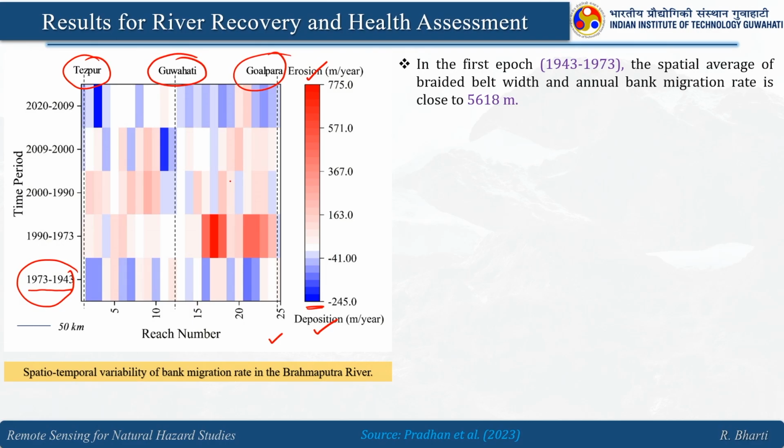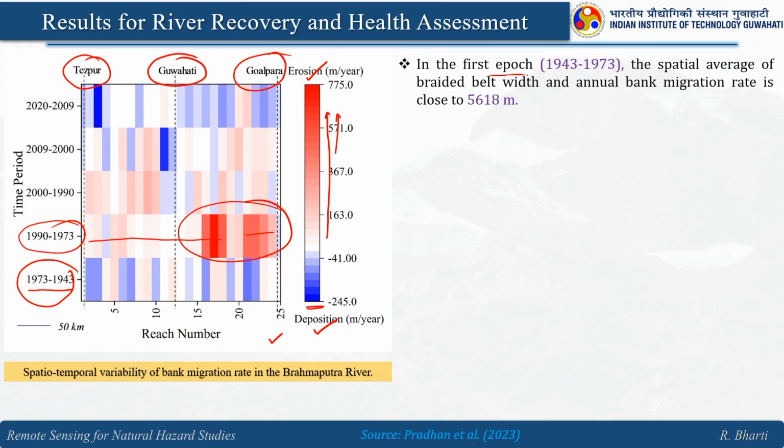These three are our nodal stations or nodal reaches. You can see that during 1973 to 1990, Goalpara and even Guwahati have the maximum erosion, and especially in the Goalpara region, the erosion was maximum.